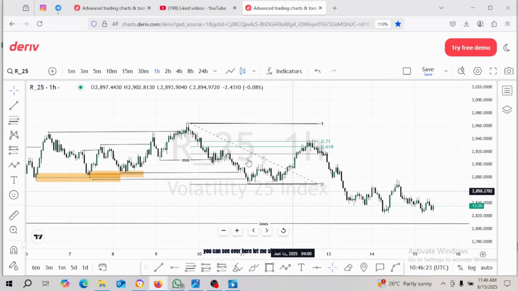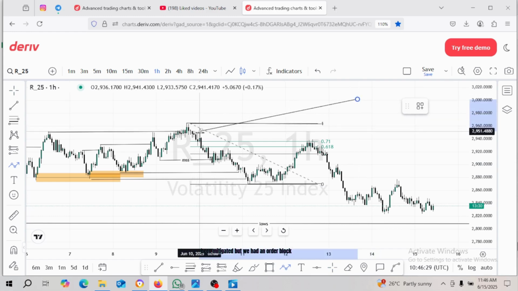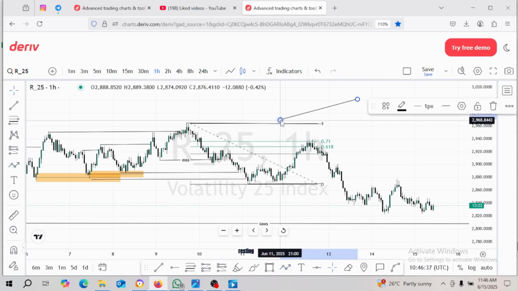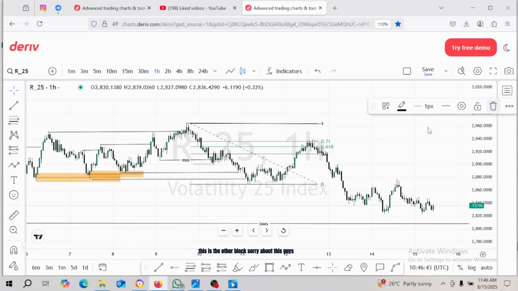So you can see over here, let me show you something. If you look at the candles over here, you can see they've been mitigated, but we had an order block here that was unmitigated, and we had a little imbalance resting below the order block. So this is the order block.